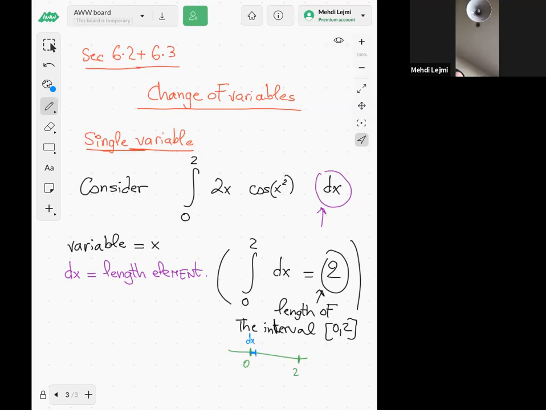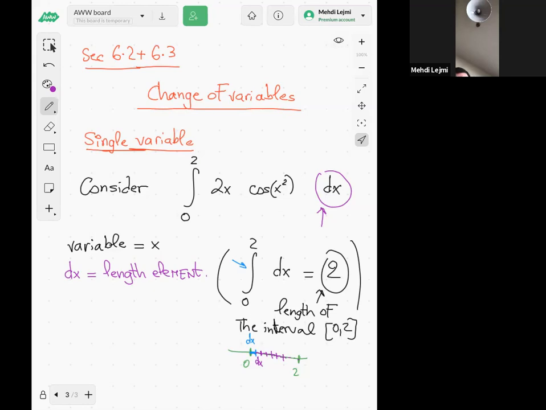And when you integrate dx, you have to think of the integral as this Riemann sum. It's like saying this dx plus this dx plus another dx, plus another dx, etc., etc. So we have this Riemann sum, and the total would be equal to 2, right?